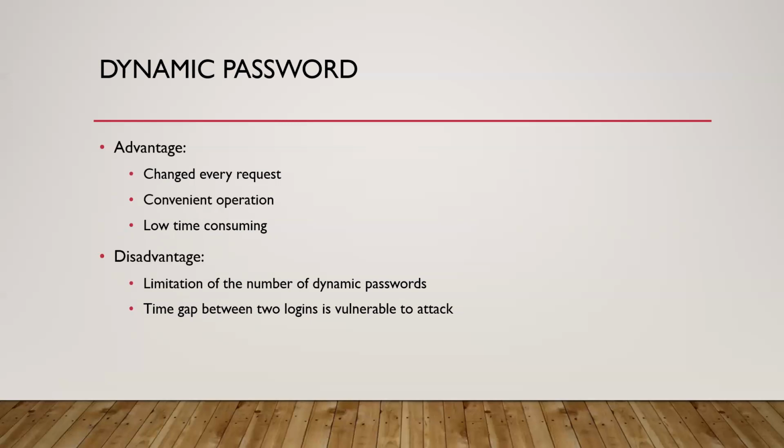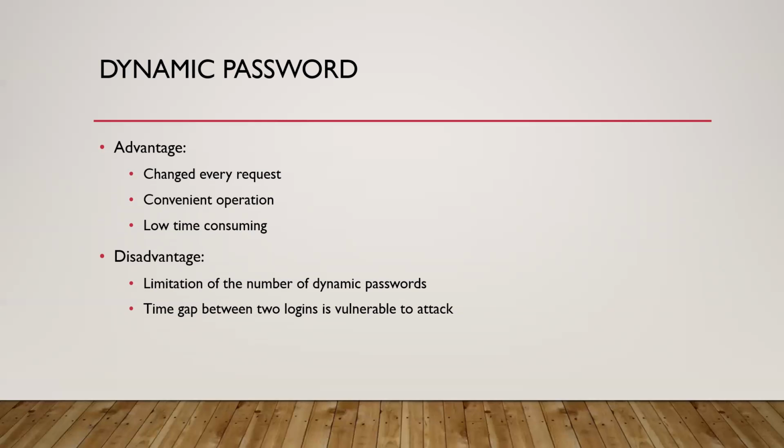The disadvantages. Because backward hash chains are used as the carrier of the dynamic password, once the chain length of the hash chains generated by this method is determined, it cannot be changed. So the number of dynamic passwords generated by this method is also fixed.